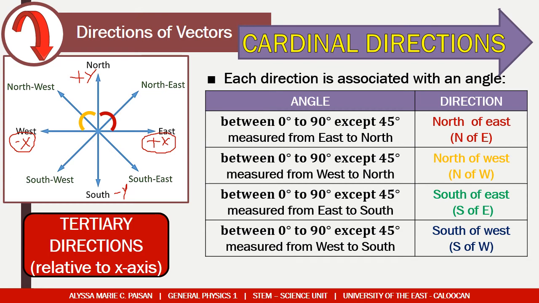And then we also have south of east, so galing siyang east, papunta siyang south, indicated by the green curve. And then we also have south of west, which means that the measurement starts from west going to south as indicated by the navy blue curve on the picture. So those are for the tertiary directions relative to x-axis.